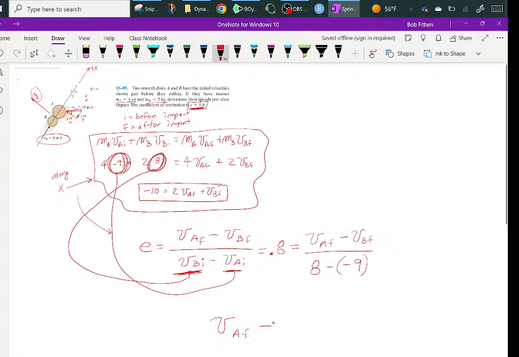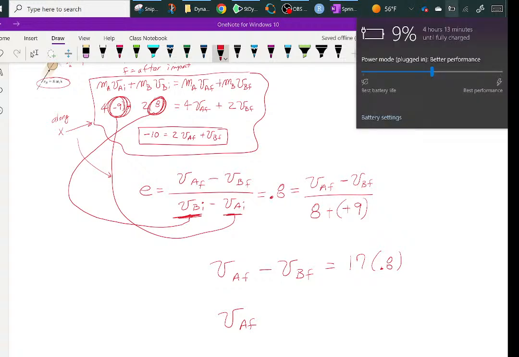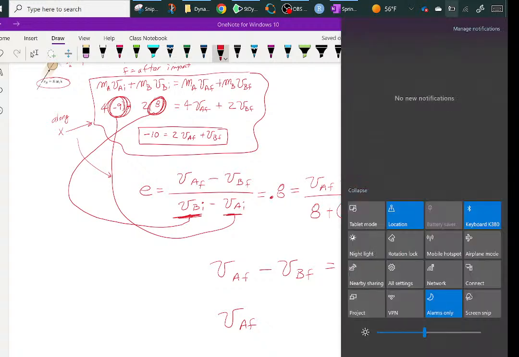VAF minus VBF is equal to, I don't know, if I take 117 times 0.8, or what's my battery doing? I've got 9%, so I think I can increase my brightness just a little bit.